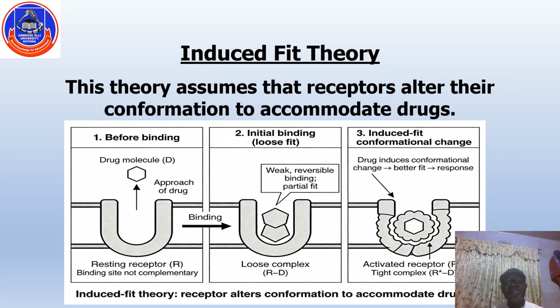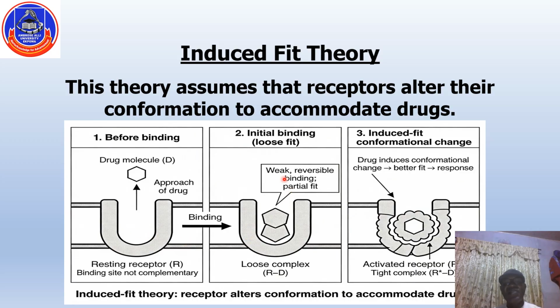Induced fit theory. This theory assumes that receptors alter their conformation to accommodate the drug. Now you can see in the picture 1, 2, 3, a drug molecule approaching the receptor.